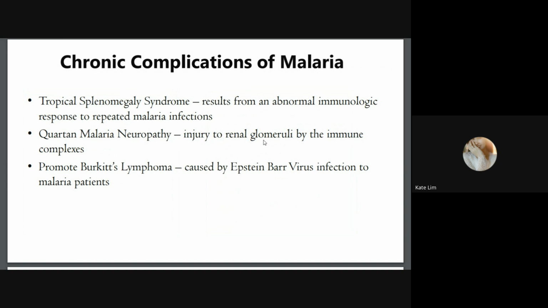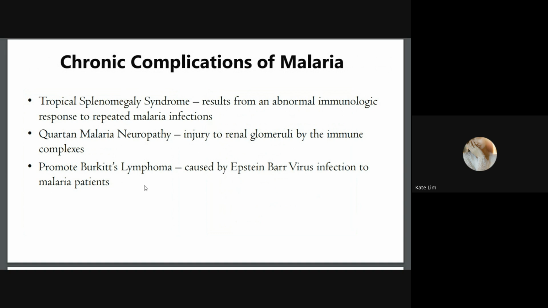Lastly, there's the association between malaria and Burkitt's lymphoma. You will meet Burkitt's lymphoma in your hematology, so I will not be talking more about the lymphoma, but about how malaria promotes it.